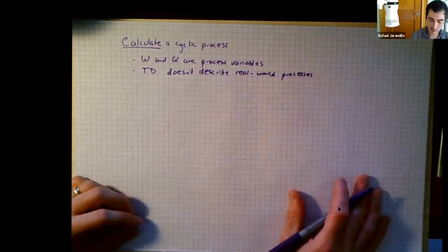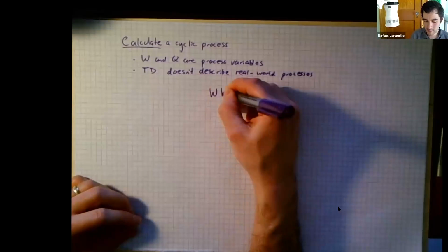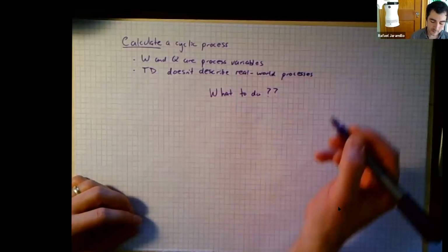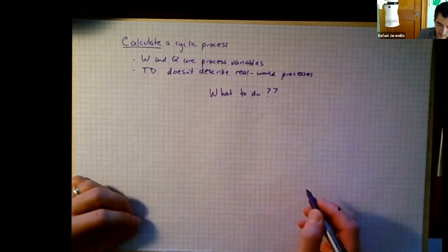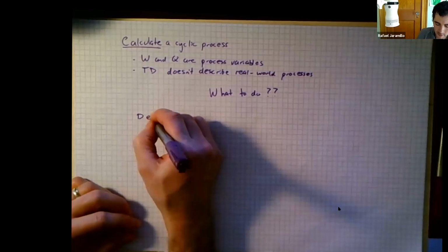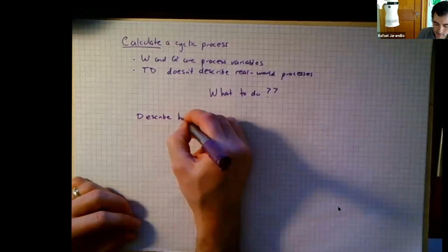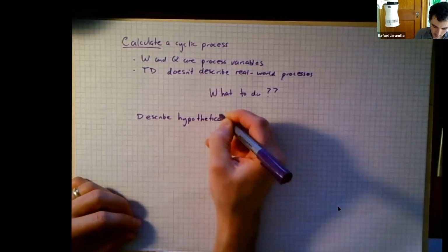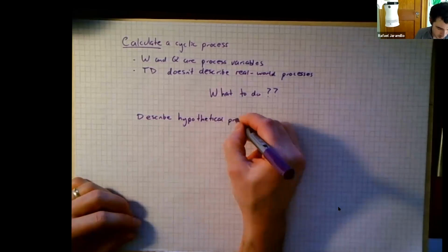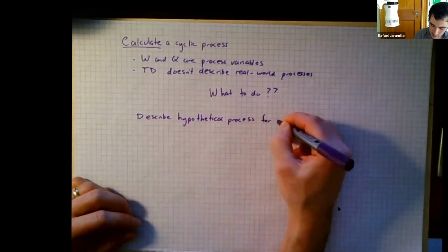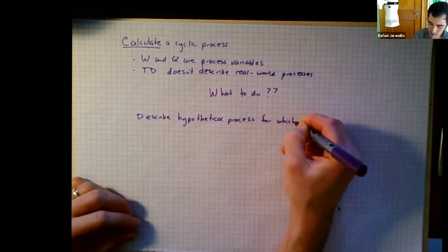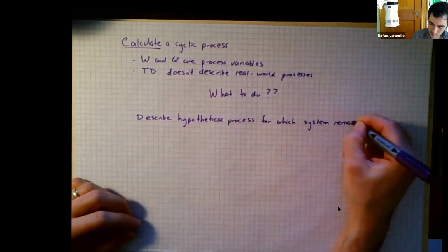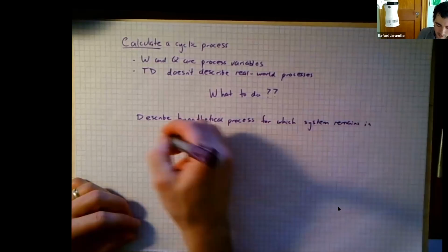So what do we do? We describe a hypothetical process for which the system remains in equilibrium at all times.